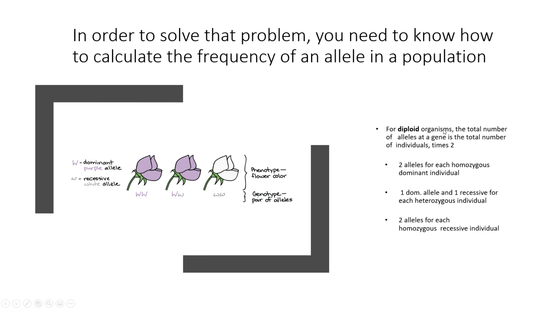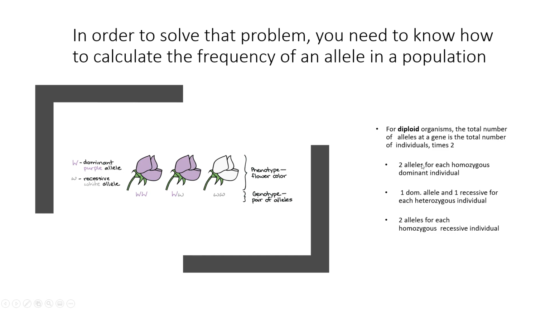But anyways, for a diploid organism, the total number of alleles at a gene is the total number of individuals times 2. Okay, because remember, each organism will have 2 alleles for each gene. So here's an example. You could be homozygous dominant, heterozygous, or homozygous recessive. No matter what, though, you always will have two alleles for that gene.